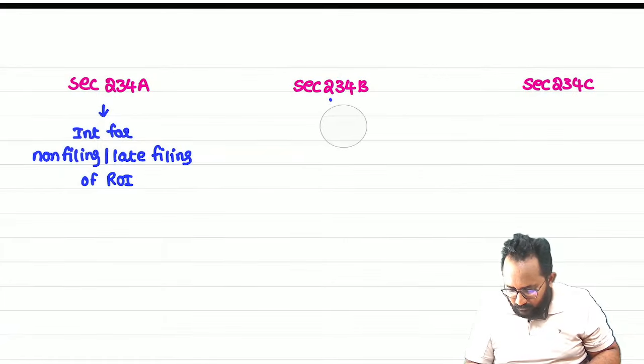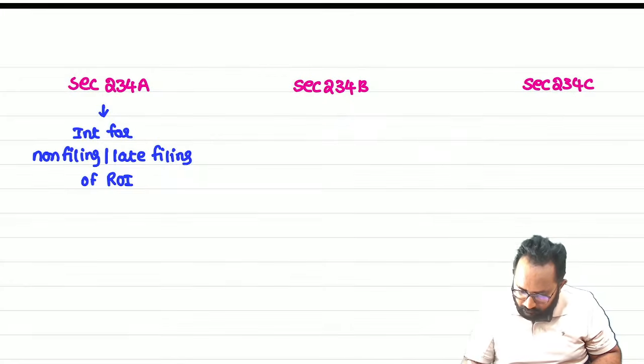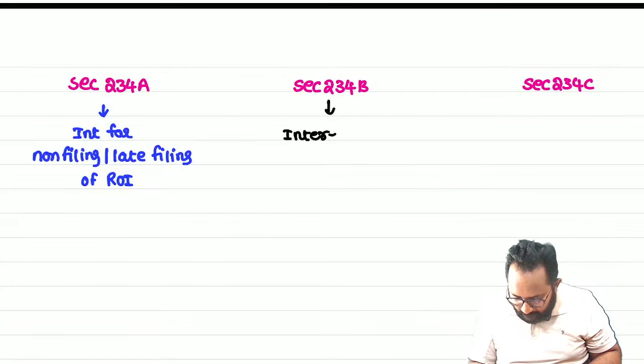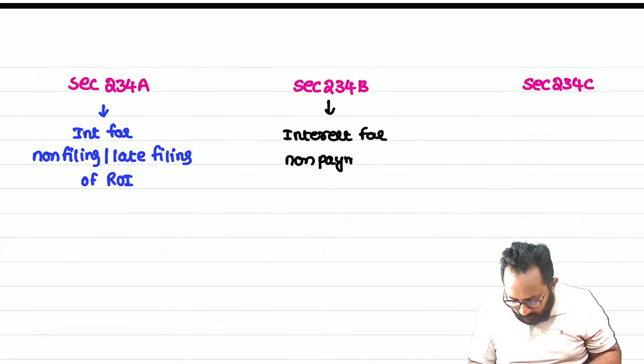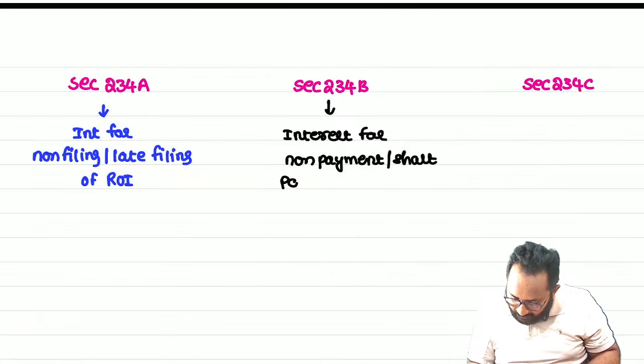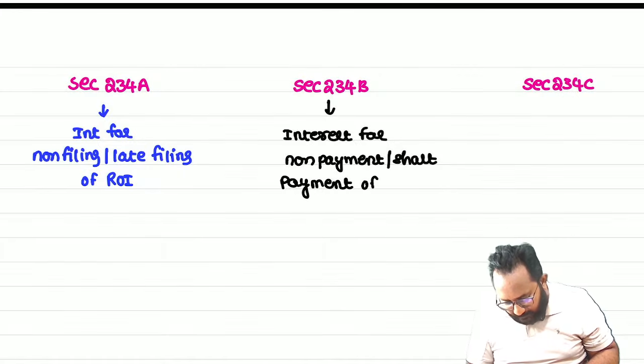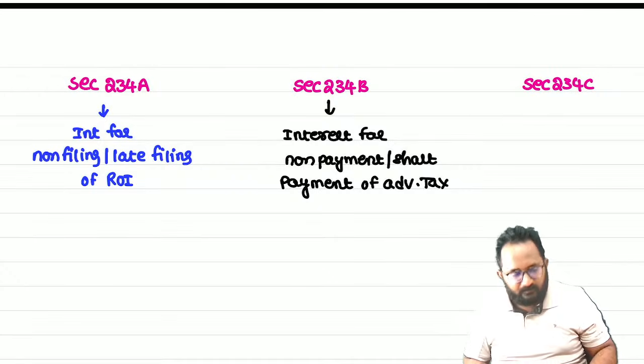In a detailed way, what is the provision? Interest for non-payment. Yes, you are not at all paying the advance tax, or you paid some amount, that is what? Short payment. If you have not at all paid or short payment of advance tax is done, you have to calculate the interest.